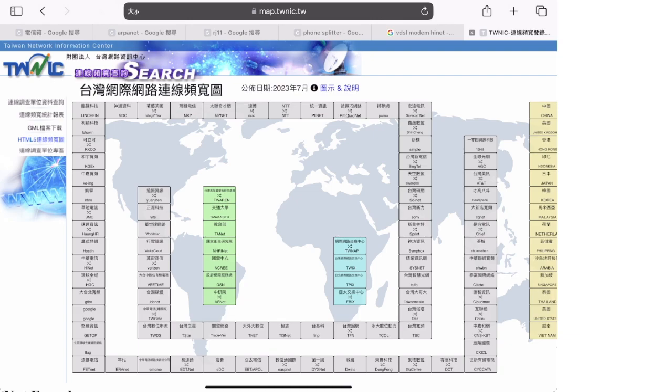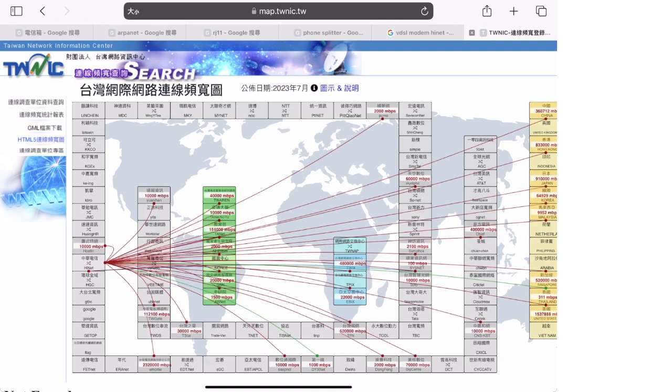They can build wireless 4G, 5G stations, but the second tier ISPs in Taiwan cannot do so. They just simply rent or buy services from the Tier 1 ISPs.